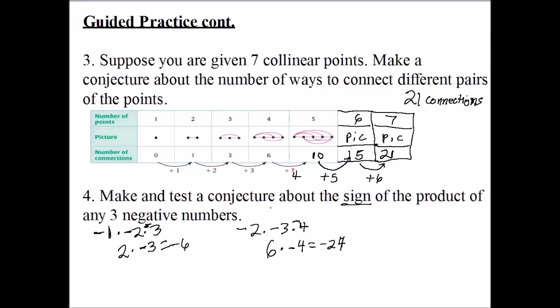But a conjecture for me would be the sign is always going to be negative at the end, because your first 2 calculations are always going to be negative. So whenever you multiply a positive number and a negative number, you will always get a negative number. So my conjecture is going to be always negative.